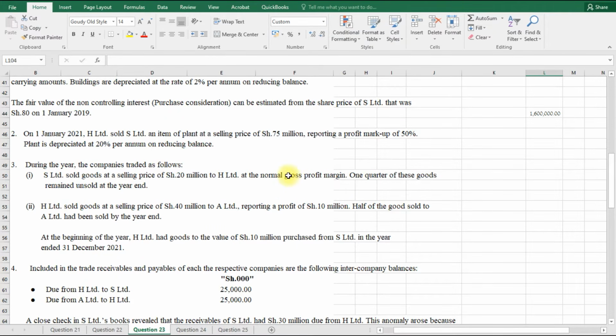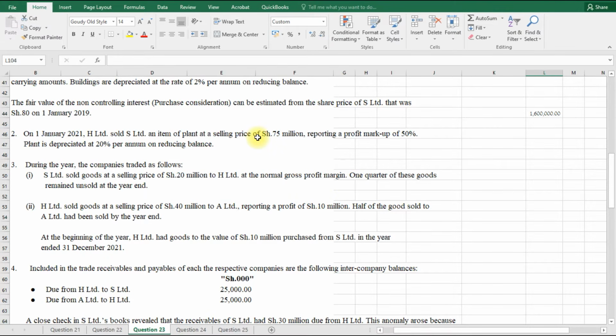So remember, if we base on note number 2, they sold at a markup of 50%. If the markup was 50%, what will the margin be? That will be the question, because they are using the normal gross profit margin, and if the markup was 50%, we shall calculate that.